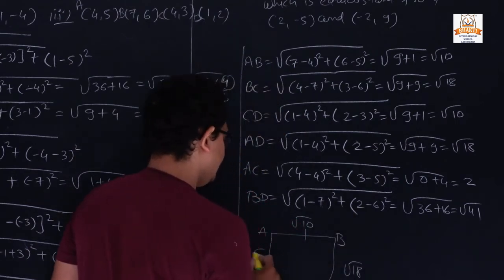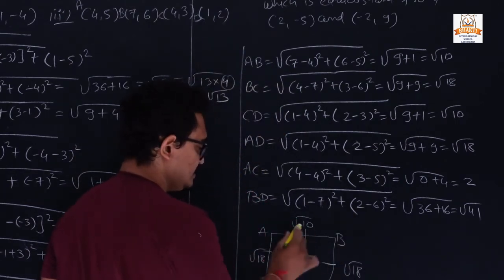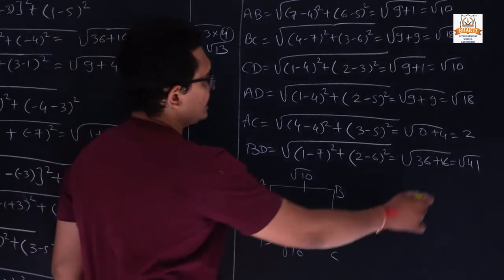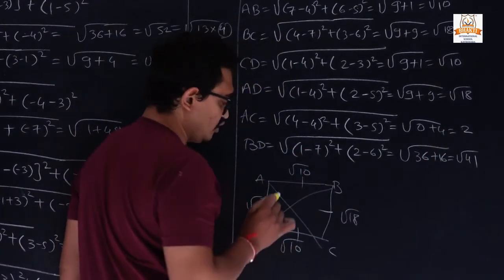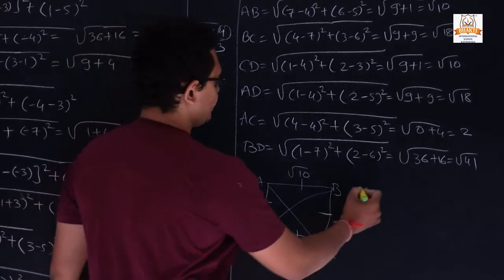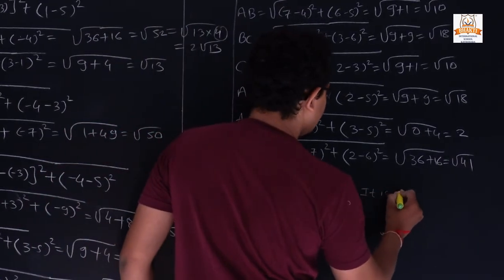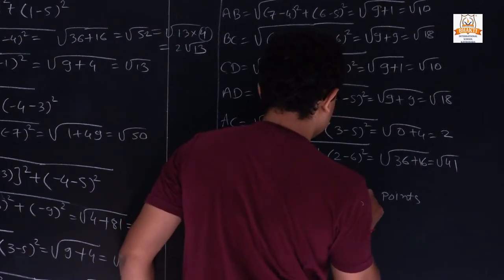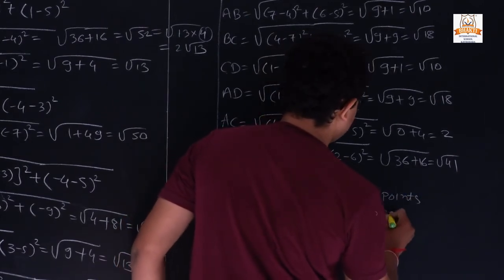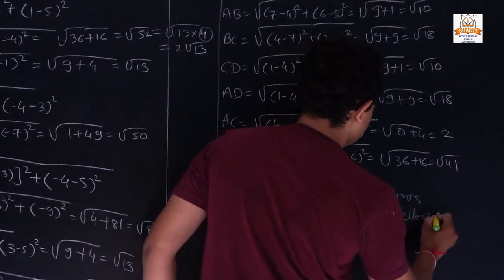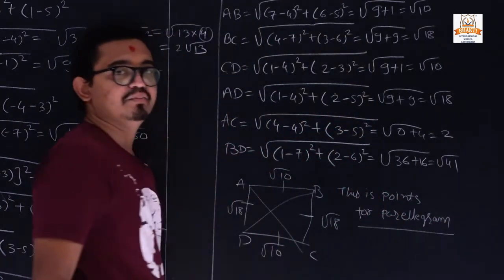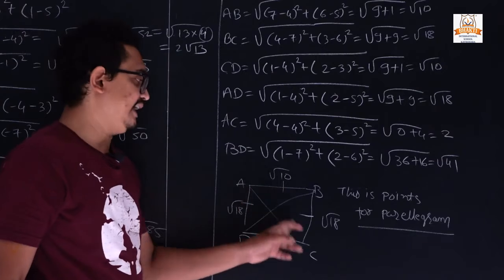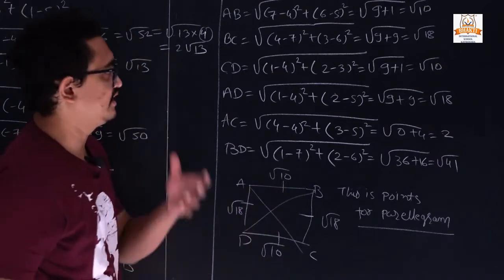So this is also root 18, means opposite sides are same. Clear? Opposite sides are same, but diagonals are different. Clear? Diagonals are not same. So it means what? This is a parallelogram. Clear? This is a parallelogram because opposite sides are same and diagonal measurements are different.